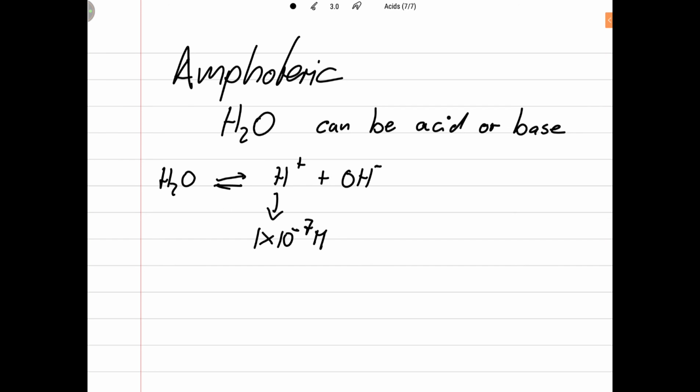Okay? Trick question. What is the concentration of the OH minus? It's the same. Why? Just for a simple reason: if you split the water, you get the same amount of protons and OH minus. Yeah?